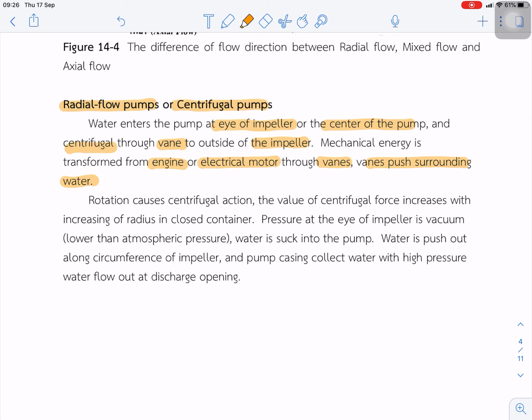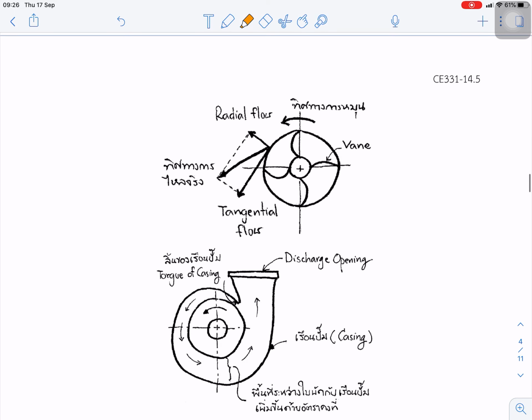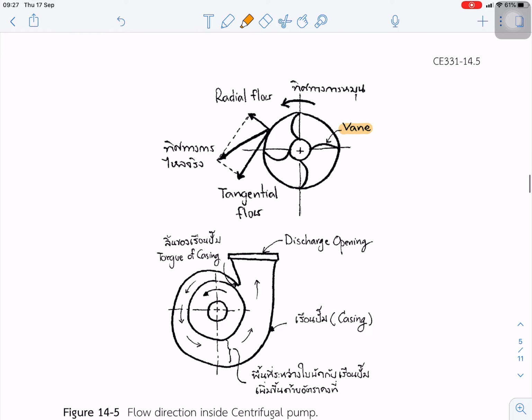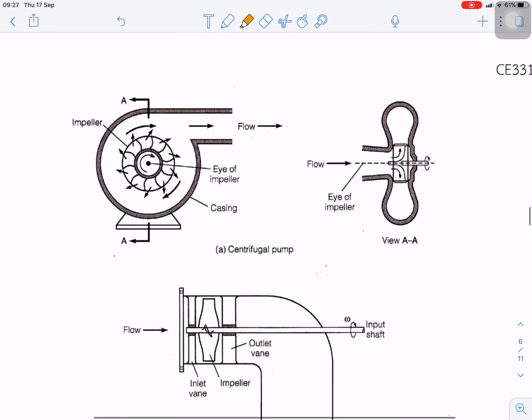You can look at this figure. This is the vane, and this is the radial flow, and you can see more clearly in the next figure. This is the eye of the impeller, the point where the water enters the pump.